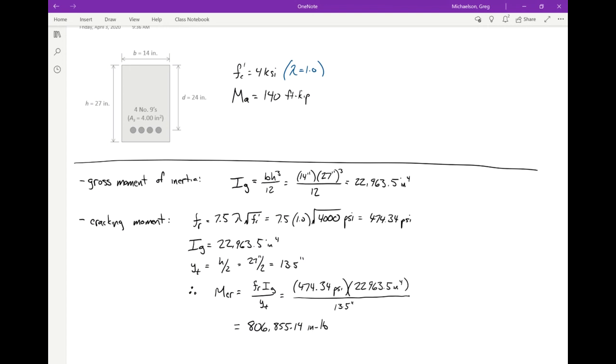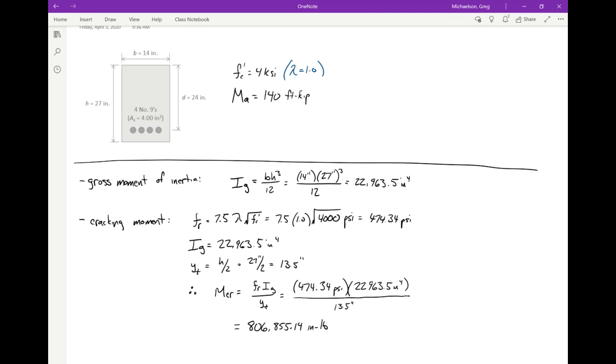Converting this to foot kips. Does anybody remember in chat, what's your conversion factor to convert a moment from inch pounds to foot kips? I want to see if anybody remembers. 12, exactly right.